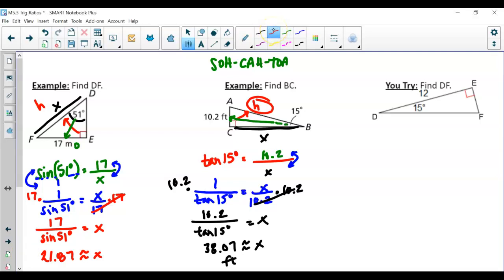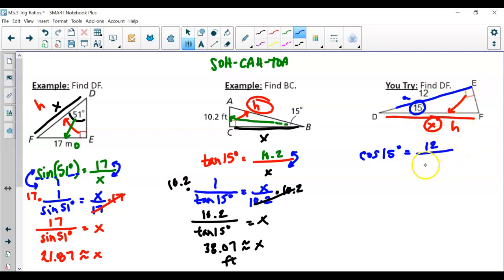And here we go. So you're looking for DF. This is our x, which notice is actually opposite from the 90. So we are looking for the hypotenuse. So from our reference angle, what does the 12 represent? Well, notice it's connected. So this is our adjacent. So that's why you had to use cosine for this problem. Cosine of 15 degrees is equal to adjacent, which is 12, to the hypotenuse, which is x.